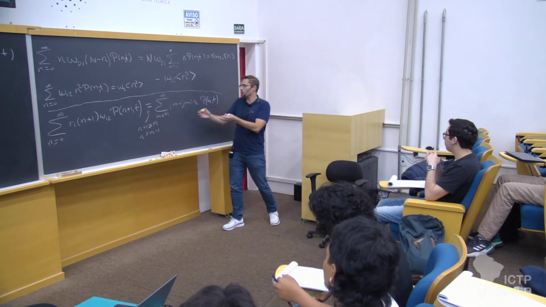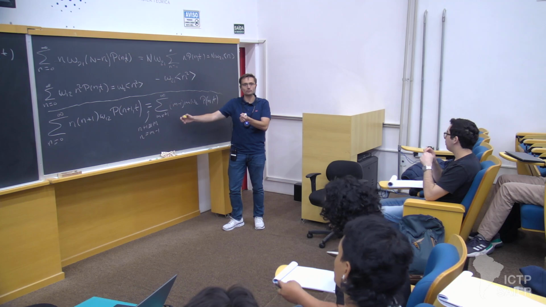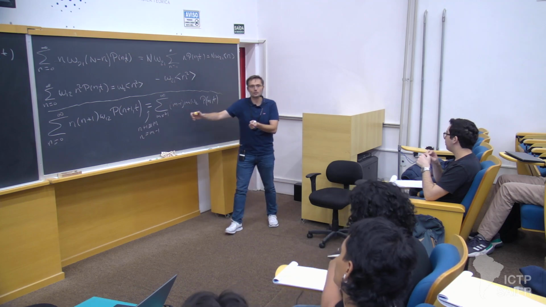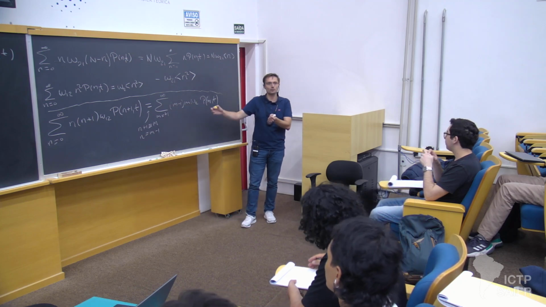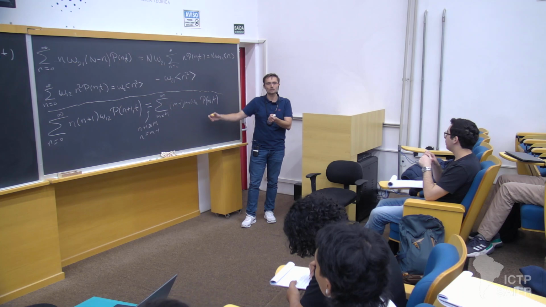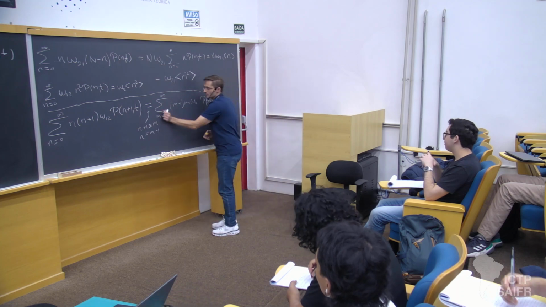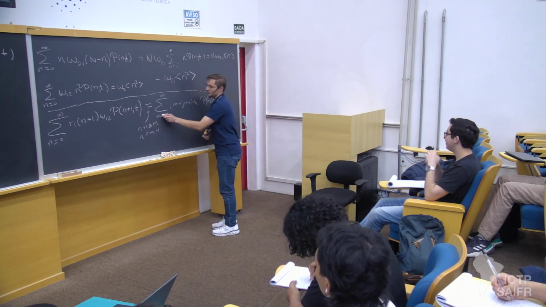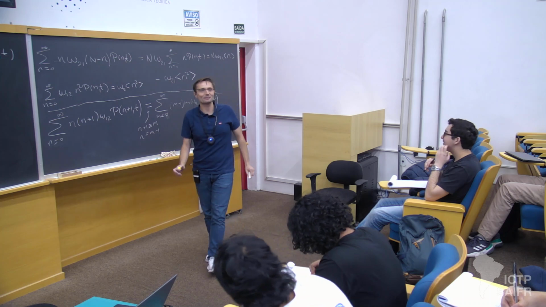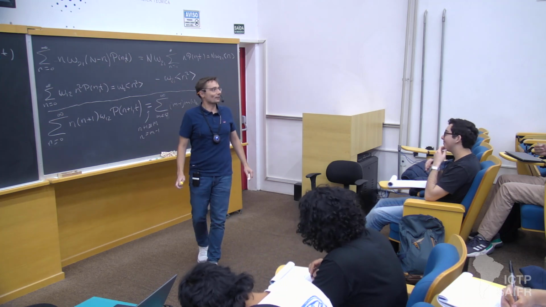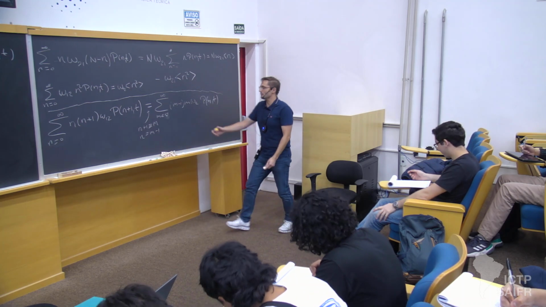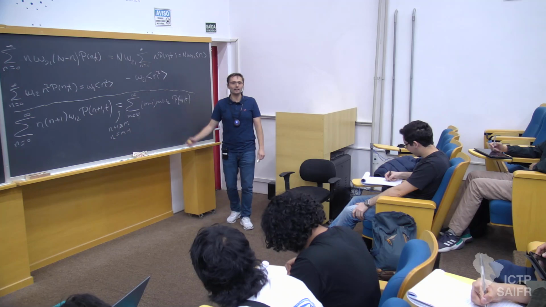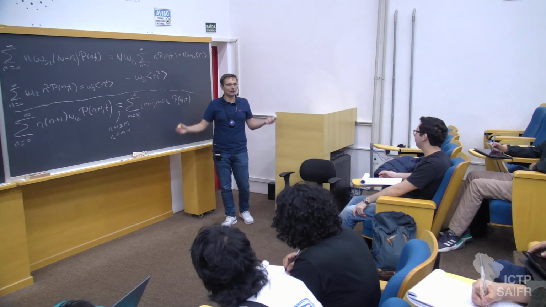And also because now I actually don't have too much of a problem, because the term with m equal to 0 is equal to what? 0. So I can put 0 here. That's why I didn't think too much about where the index starts. Great. And of course, m is an index, so I can call it m, I can call it n, I can call it whatever I want.